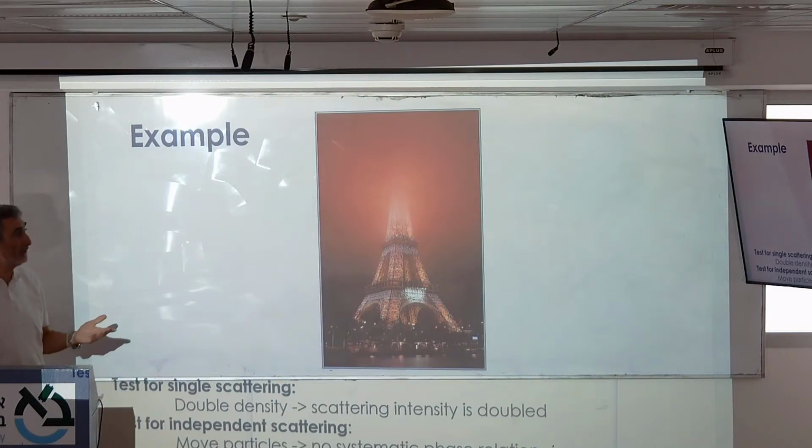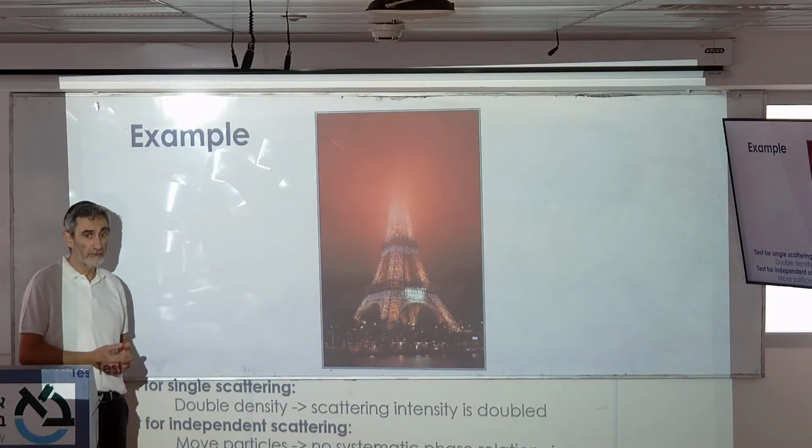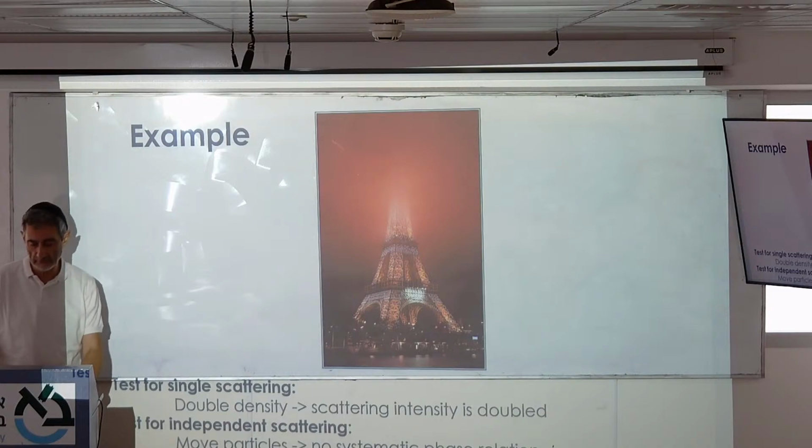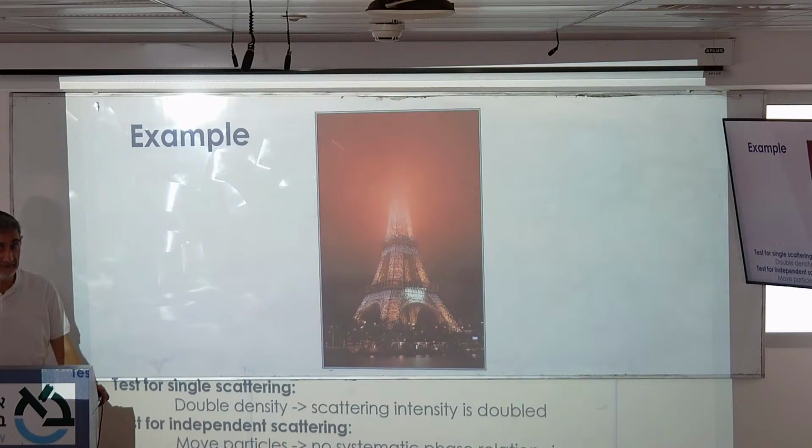And the test for independent scattering, as I said before, is that if you move the particles around, we should see the same picture. So there is no phase relation between the scattering by different particles. Any question? Is it clear now? Just keep in mind these conditions: single scattering approximation and independent scattering assumption.